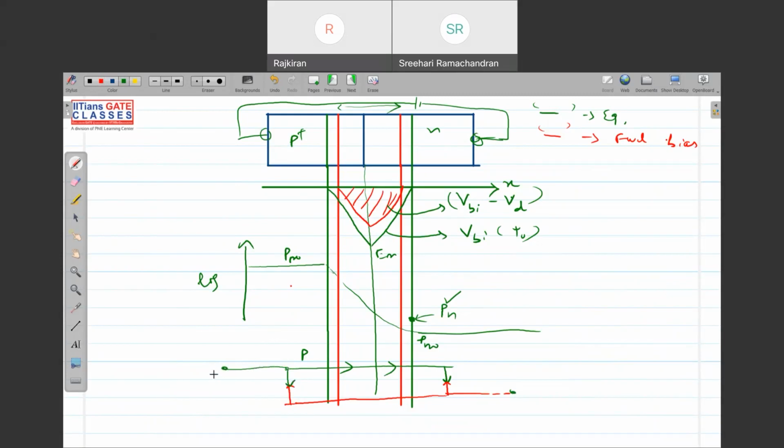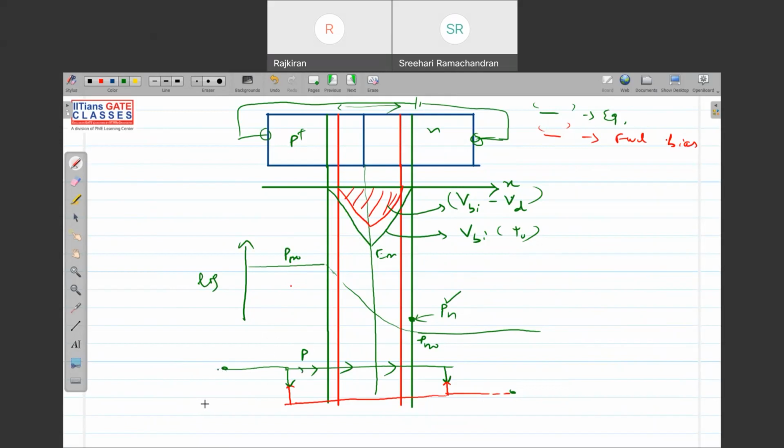So you see, whatever holes will be injected from P side to N side, the equal number of holes will be injected by the contact into the P side here. So we are thinking that the PP0 will decrease, but it's not like that. Whatever is injected will be replaced by the injection of holes from the contact.